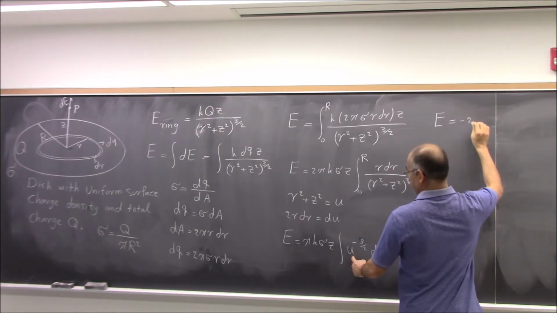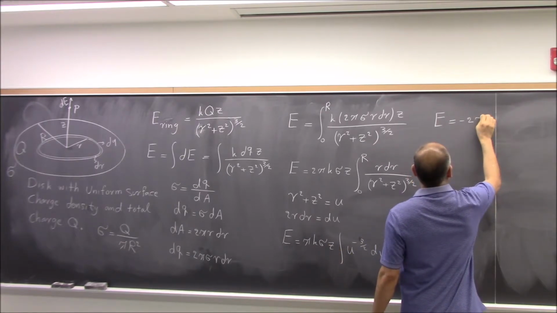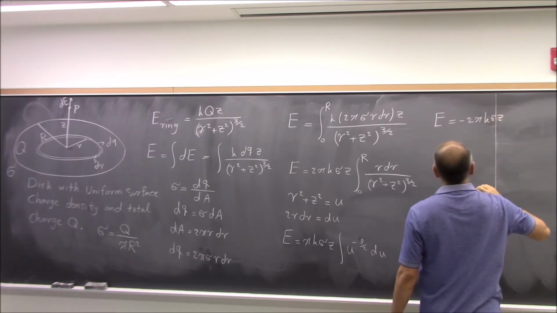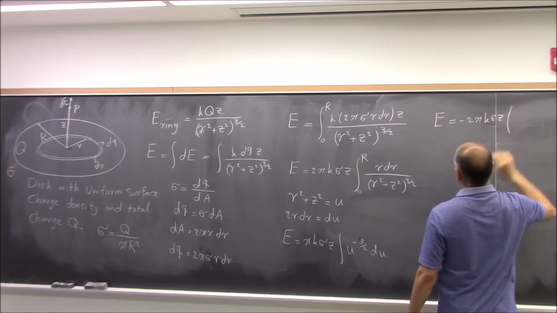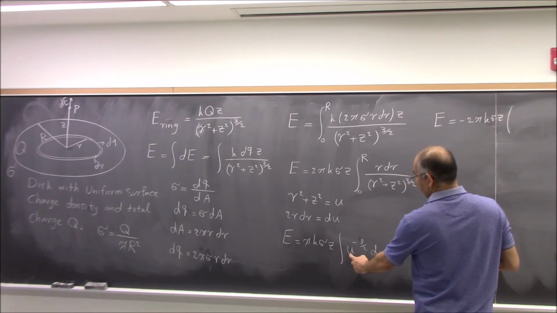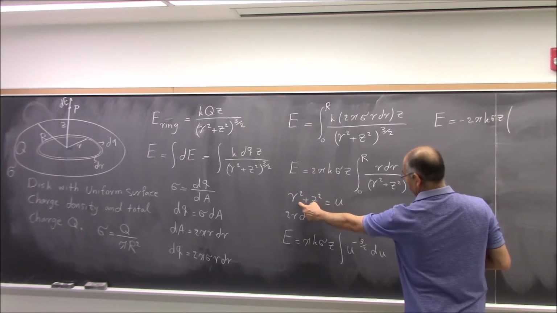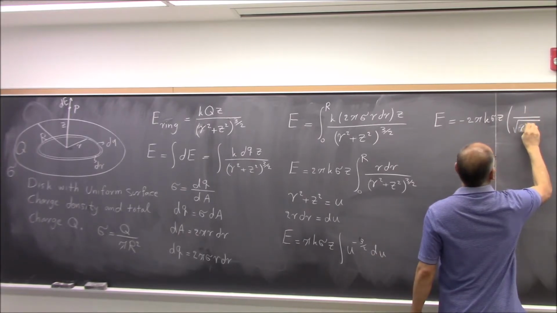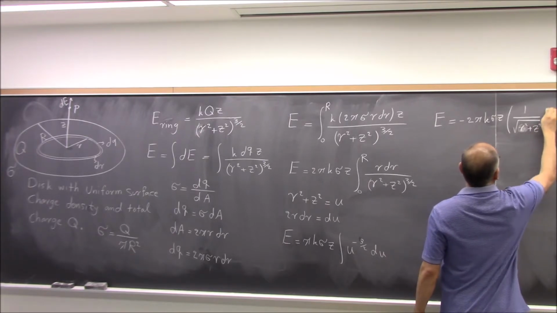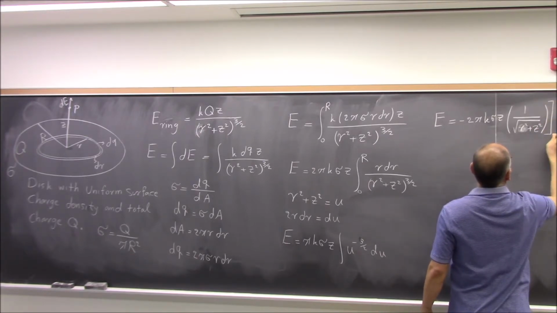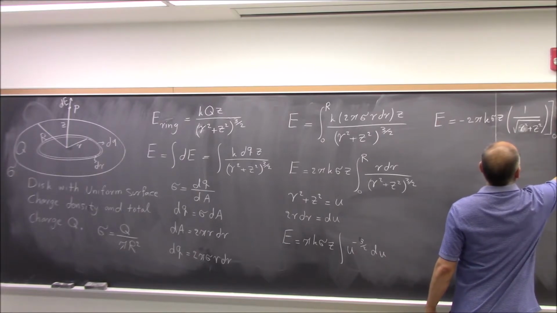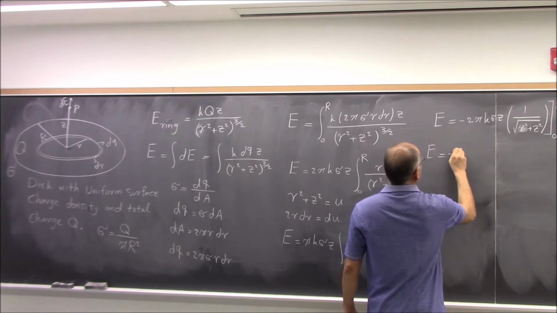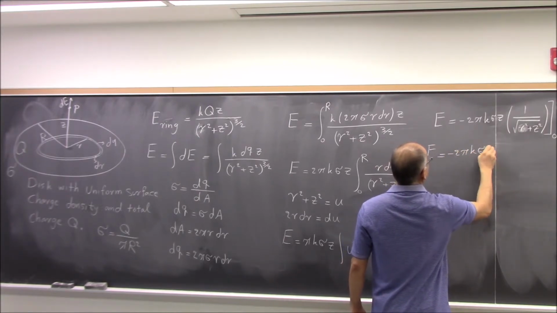So E becomes negative 2 pi k sigma z times, let me put back u, 1 over square root of r squared plus z squared, evaluated between 0 and R. So E will be negative 2 pi k sigma z.